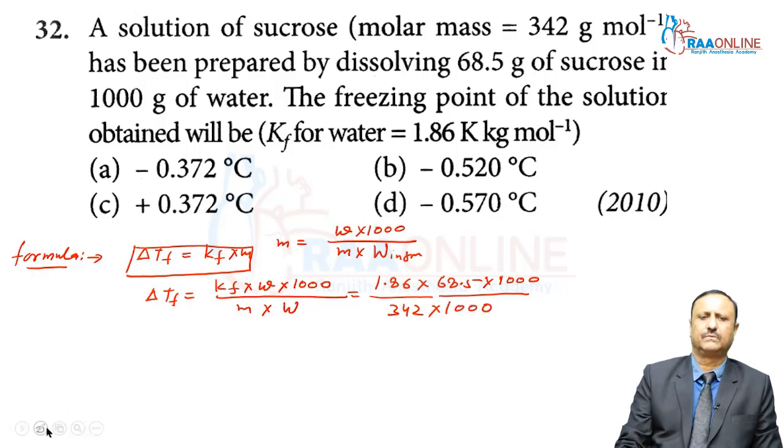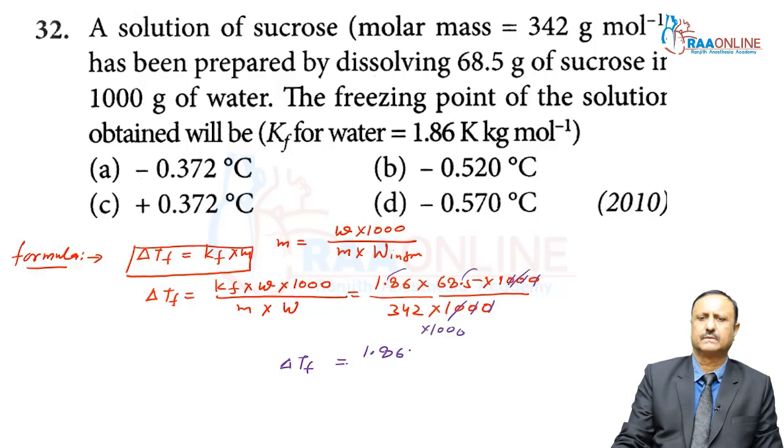Now, my dear students, when you solve this numerical, this 1000 cancels, and you get 0.2, this point is also cancelled, but you get 1000 below. So, when you solve this, you can get the delta Tf.